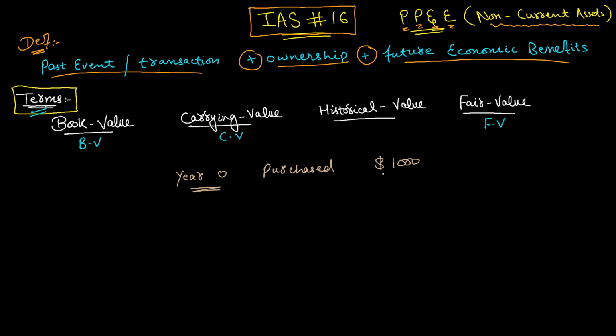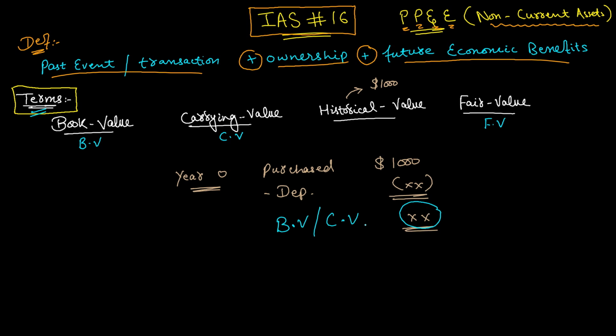So this $1,000 at which you have purchased this asset will be its historical cost. Now at the end of each year you will deduct depreciation from this amount. Now this amount which we are getting here is the book value or carrying value of the asset.